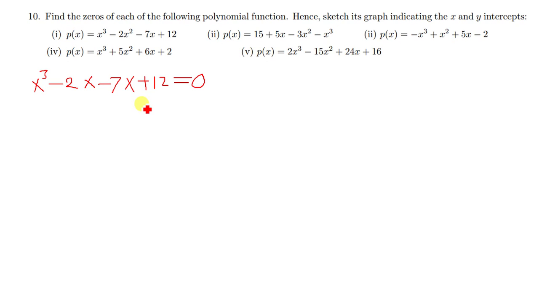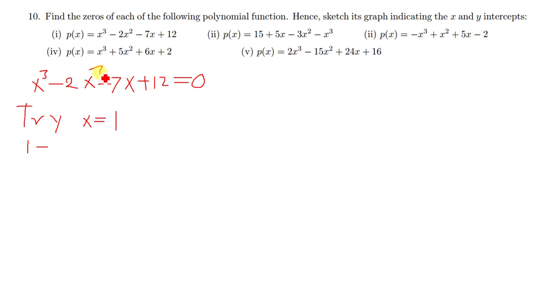So when you use the trial and error method, you can say, let's try x is equal to 1. You try to replace 1 on each and every variable x there. So when you place 1 there, you're going to have 1 to the power 3, which is just 1.